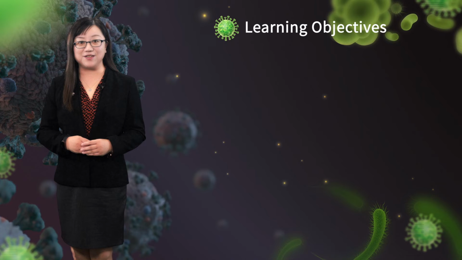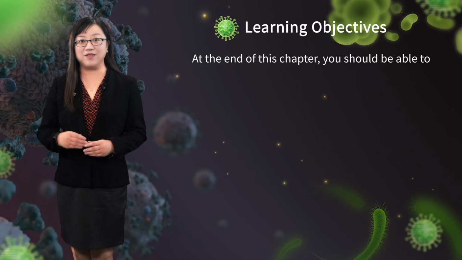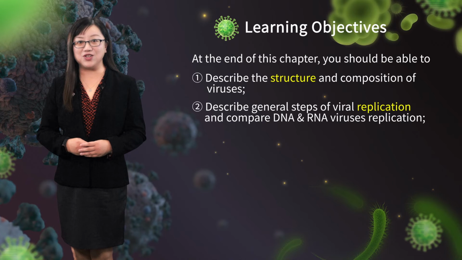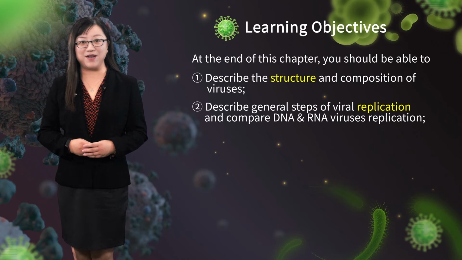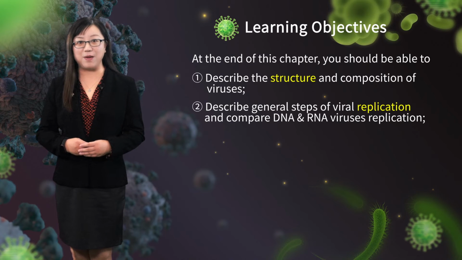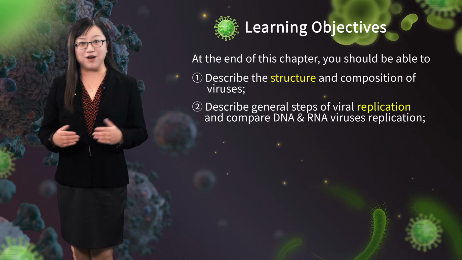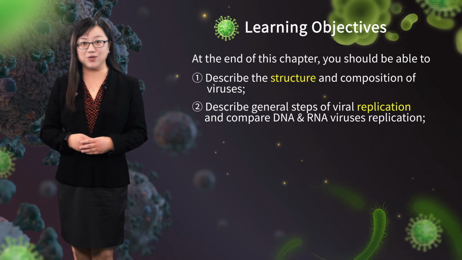The learning objectives. At the end of this chapter, you should be able to: 1. Describe the structure and composition of viruses. 2. Describe general steps of viral replication and compare the replication cycle of DNA and RNA viruses. 3.